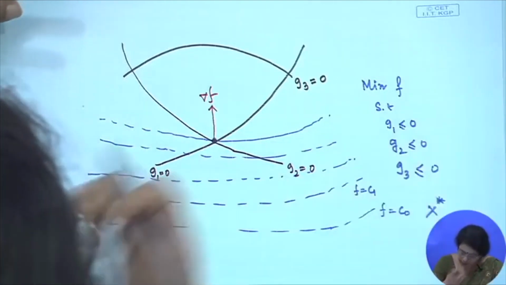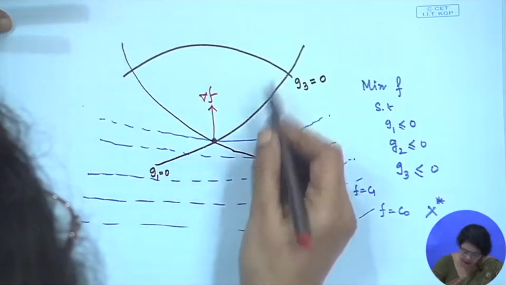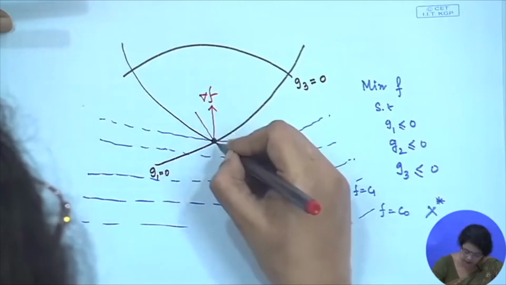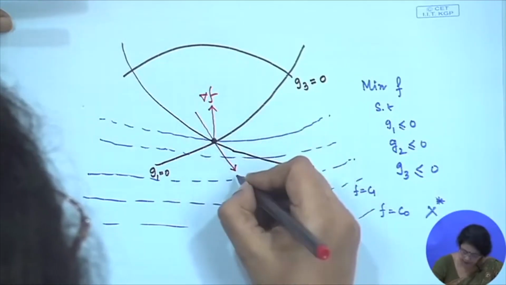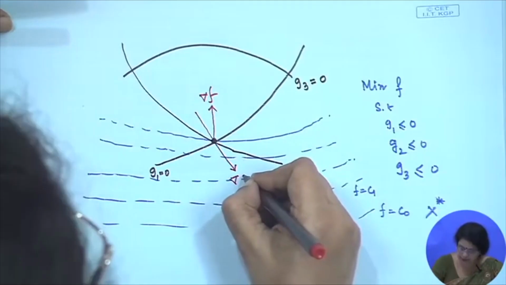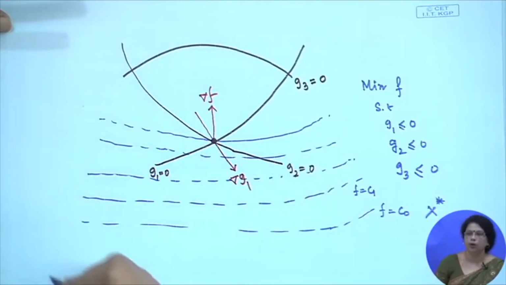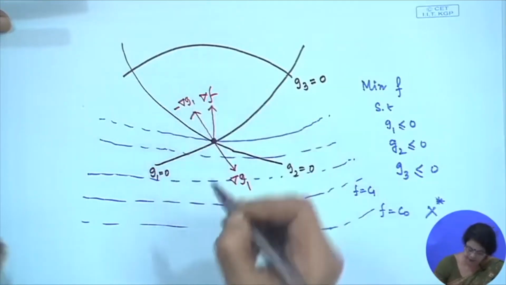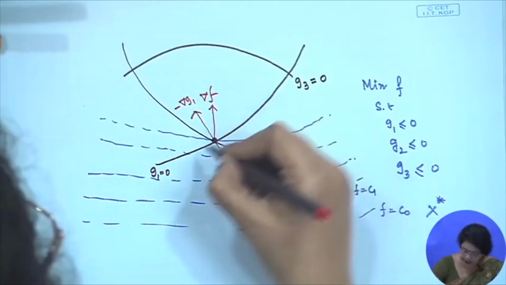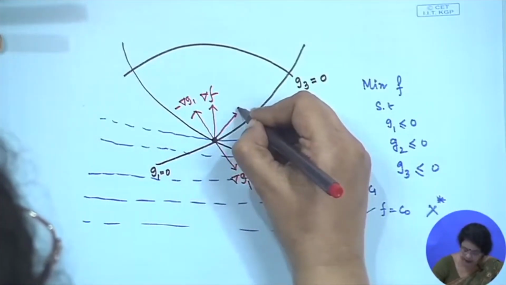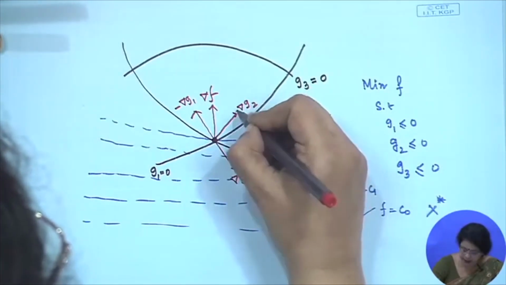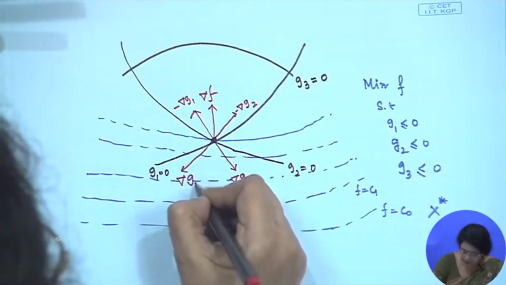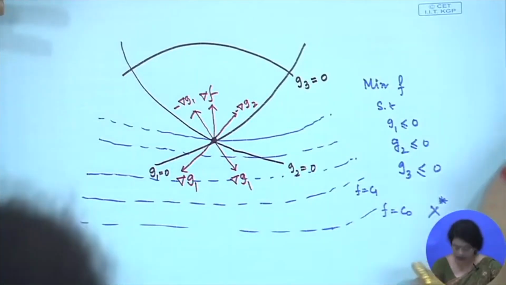Now, if we consider G1 equal to 0, this must be the grad G1 direction, and this is minus grad G1. Similarly, if we consider the G2 direction, this one, then this is minus grad G2 and the opposite direction is grad G2.